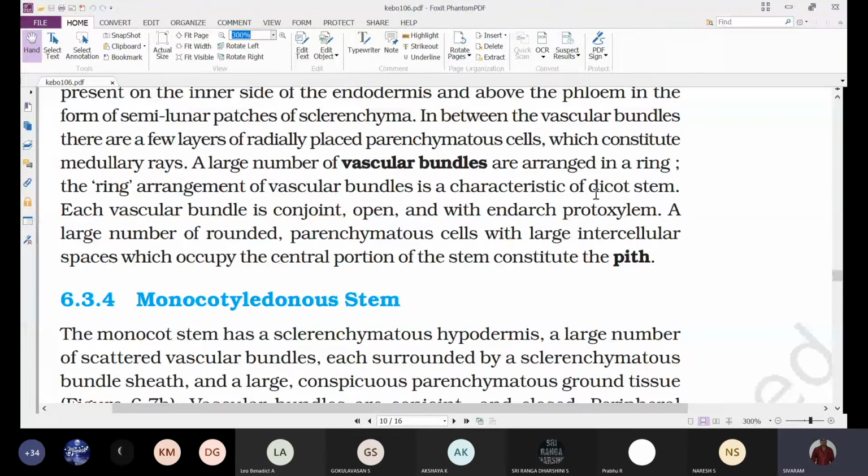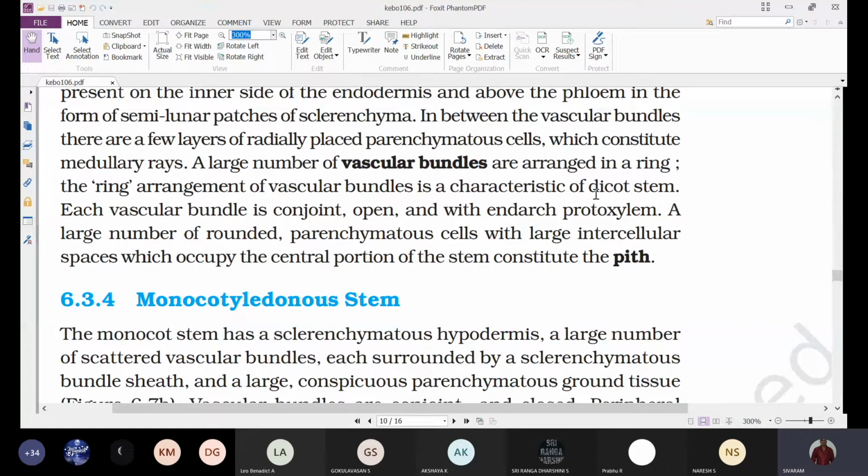So we'll find the outer epidermis. Inner to the epidermis, we'll find the cortex or general cortex, and that general cortex is again differentiated into three layers: hypodermis, middle cortex, and the inner endodermis, which is also called the starch sheath. Next, inner to the endodermis, we'll find the pericycle.